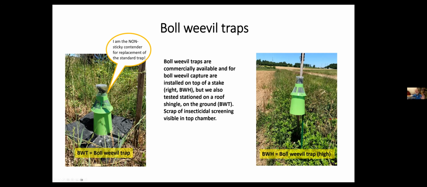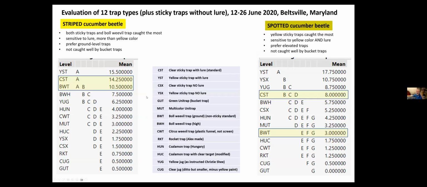Okay, so this is the non-sticky contender for replacement of our sticky trap. And if you can see here, it's a complex graph, but the clear sticky trap and the boll weevil trap, the statistics say those means are not significantly different. Over here with the spotted cucumber beetle, a little different. They love yellow. If you grow yellow flowers like yellow zinnias or yellow mums, they're obnoxious.